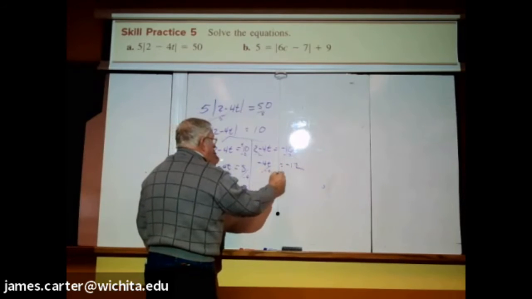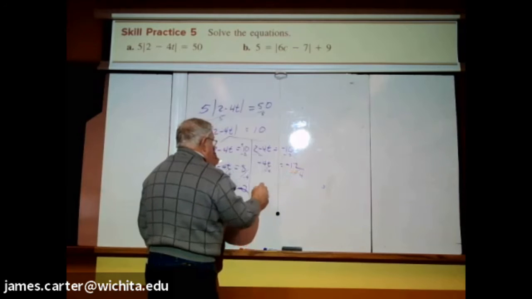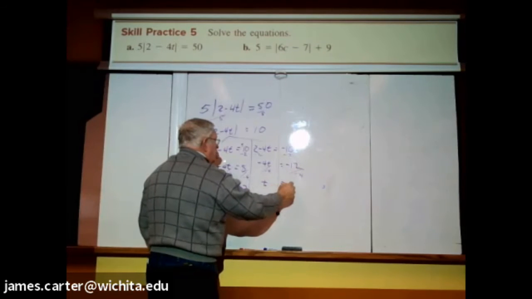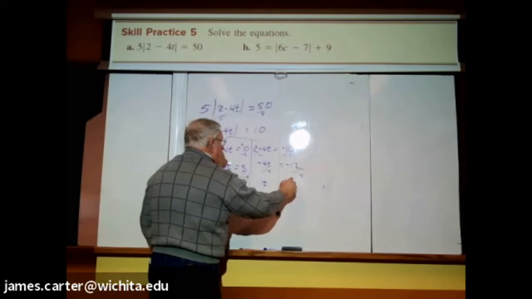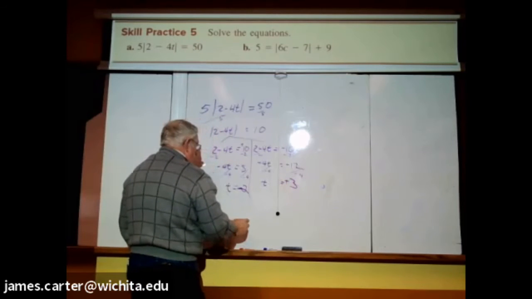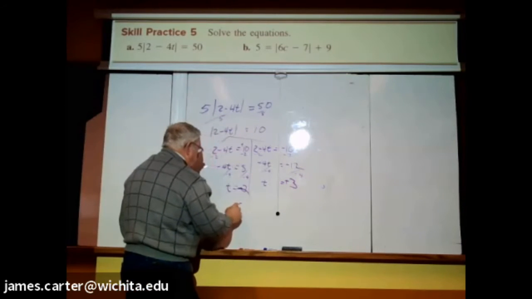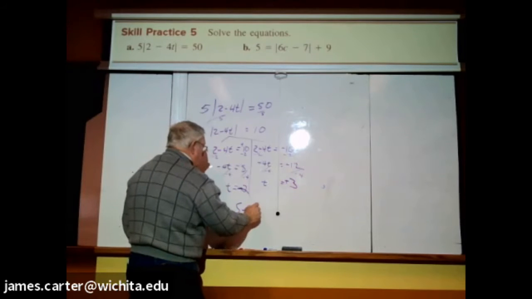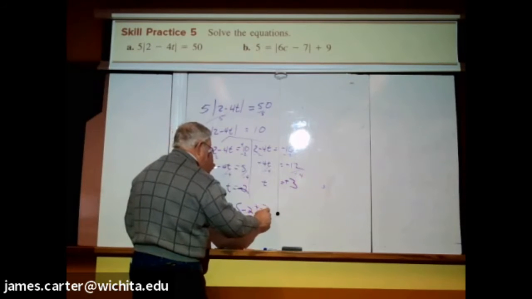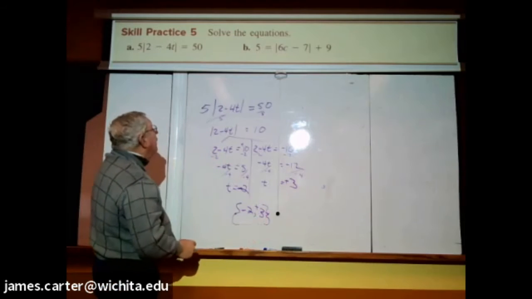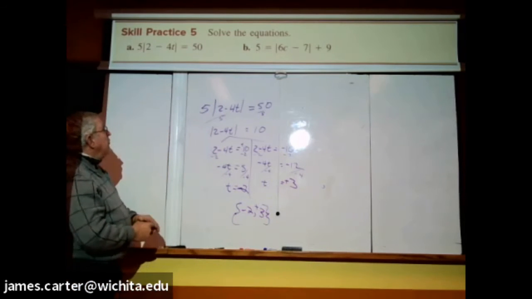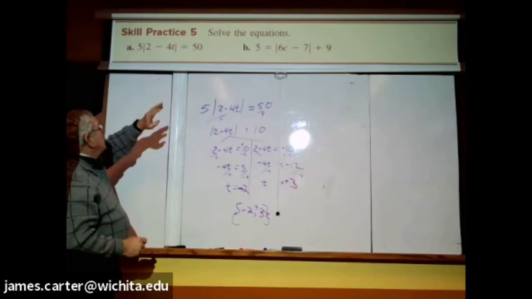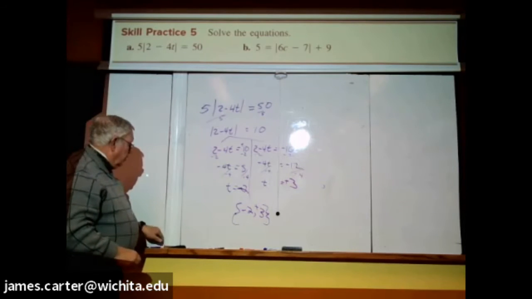Divide by -4. t equals positive 3. So my solution set then is going to be -2, positive 3. And both of those, if you substitute them in there, you will get a correct answer.